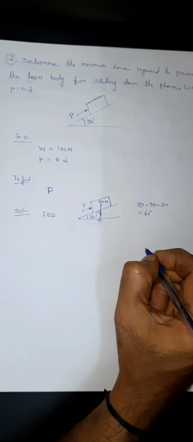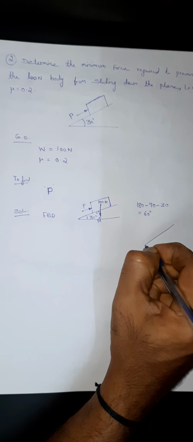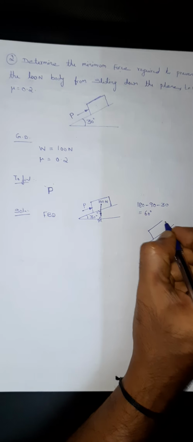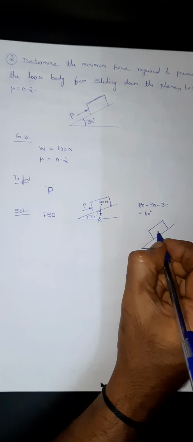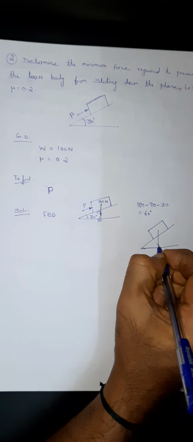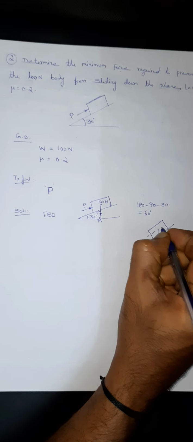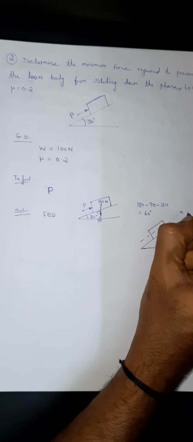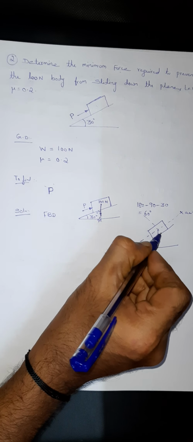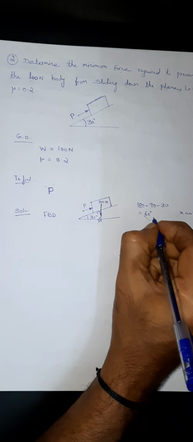A free body diagram in detail I am drawing here. So this is the body and this is the weight which is acting vertically downwards. I am going to consider this as x-axis and perpendicular to x-axis as y-axis.